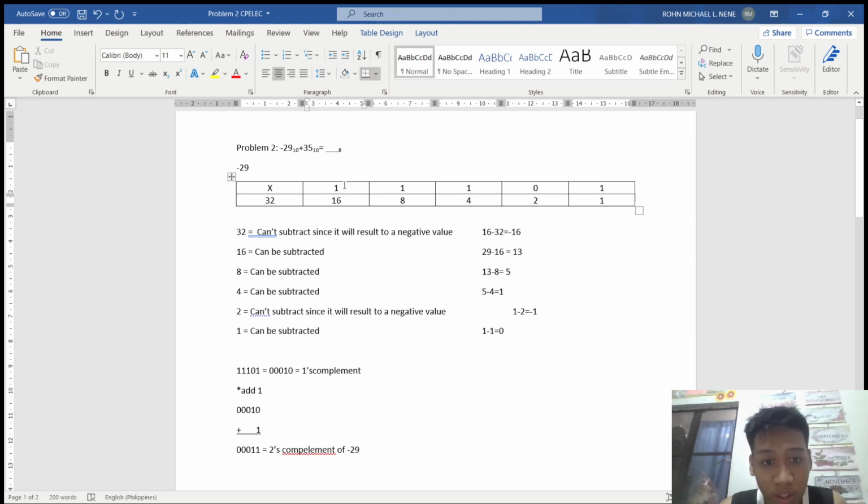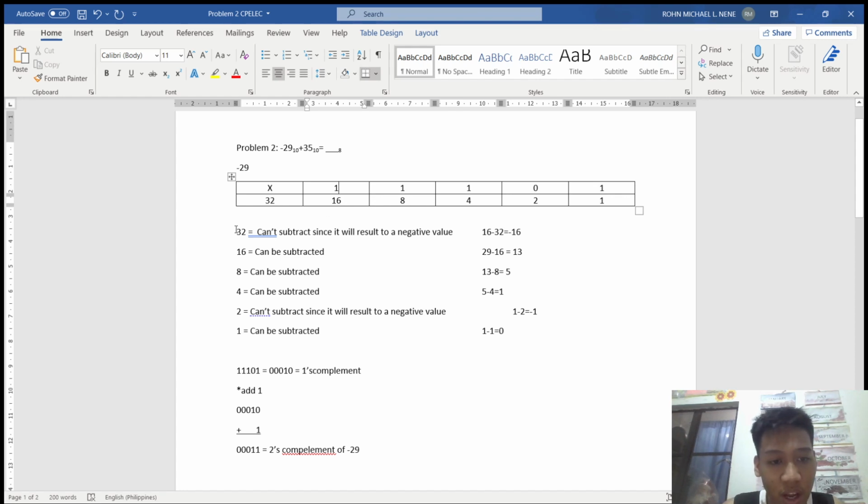And then by doing that, the criteria will be if the given value, which is negative 29, can be subtracted to the value here in the table, then we will be having an output of 1. Otherwise, it will be 0.